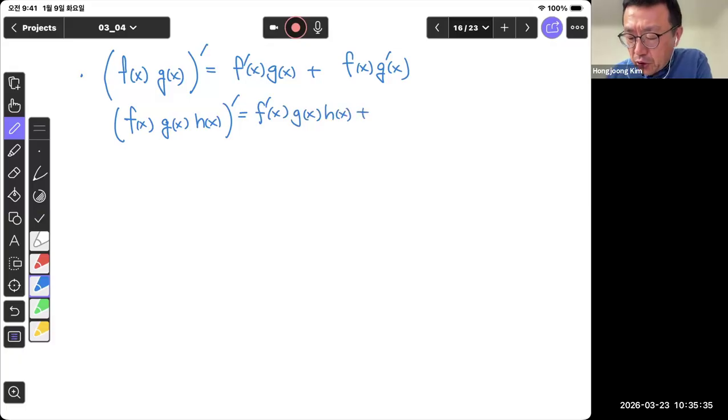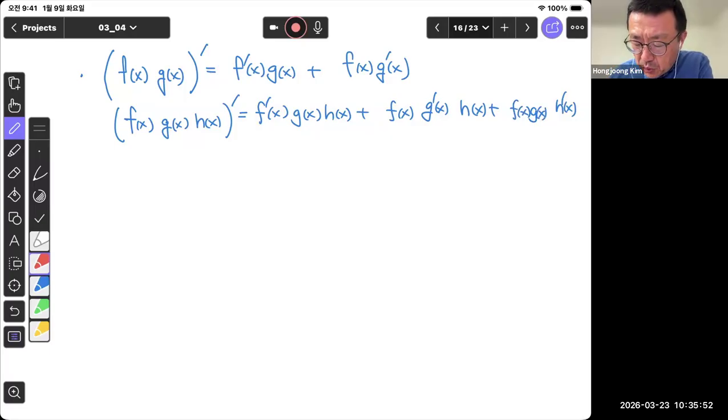And then you differentiate the g function without differentiating the other two. And then you differentiate the h function, but you do not touch f and g. So this derivative goes to the first term, second term, and the third term. And when one function is differentiated, the others are not changed.